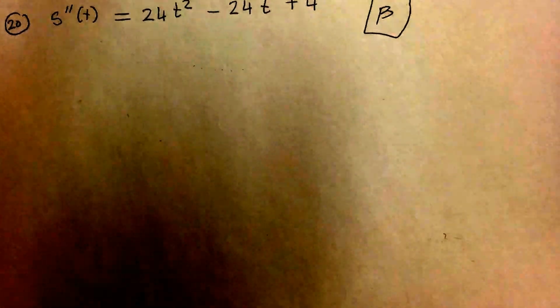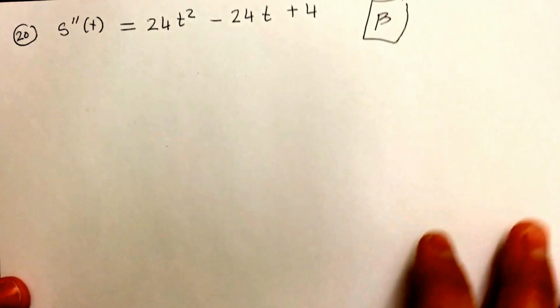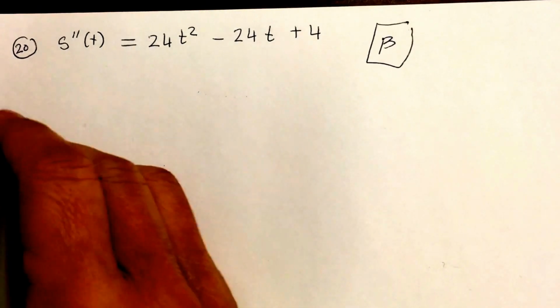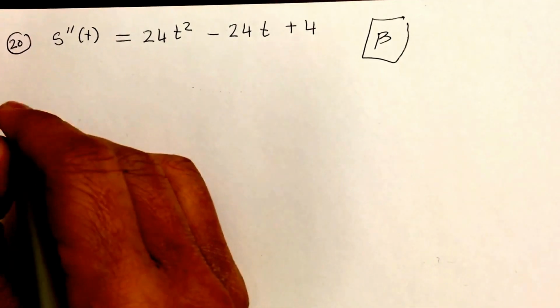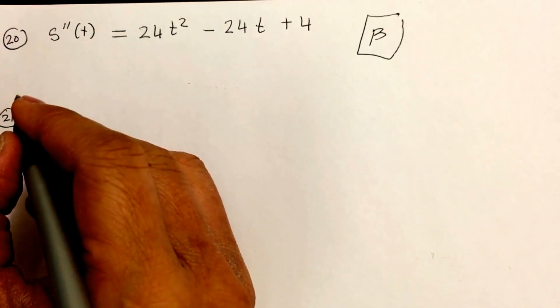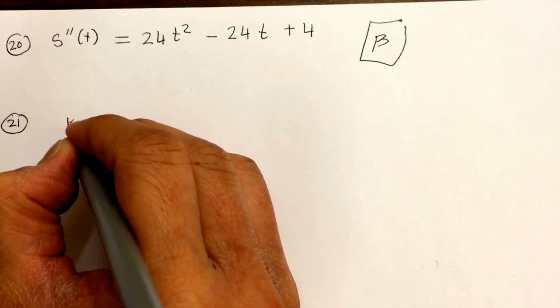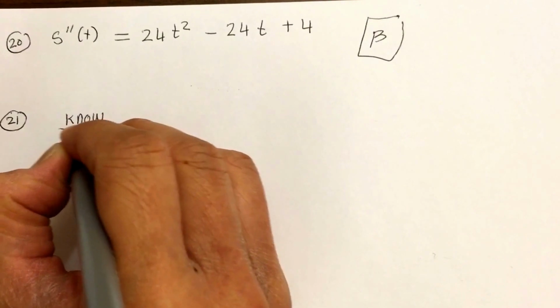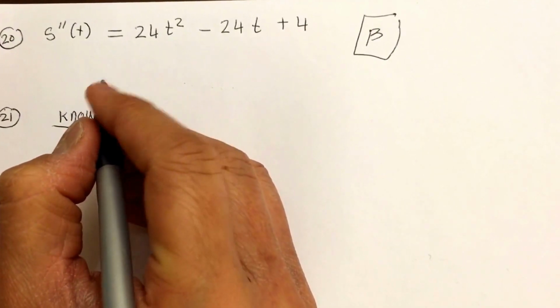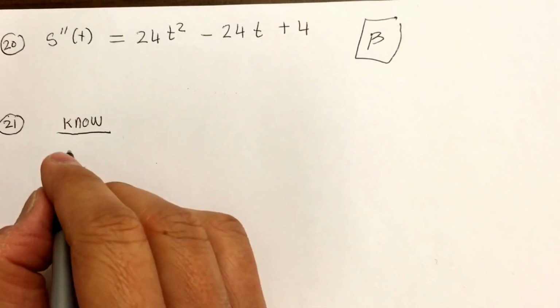Number 21. All right, number 21 says the circumference of a circle. So what we know here is that the circumference of a circle is increasing at a rate.